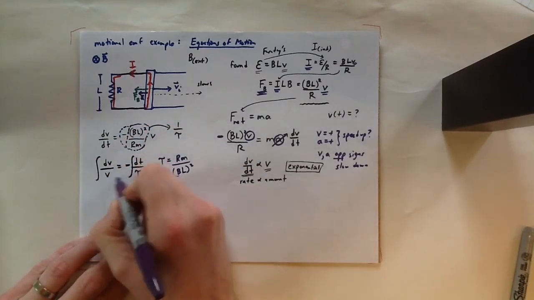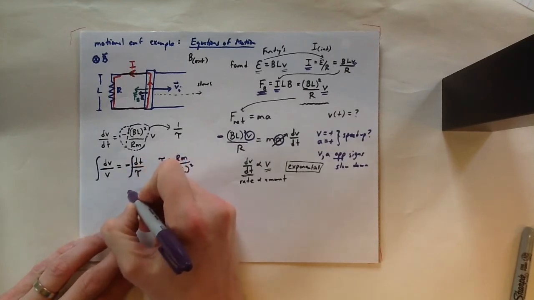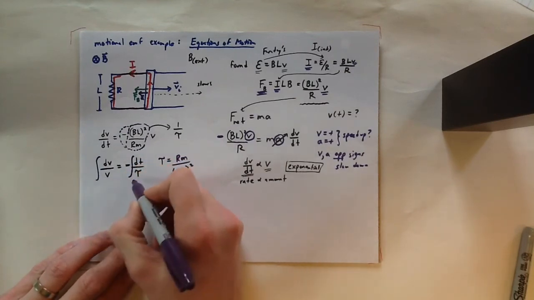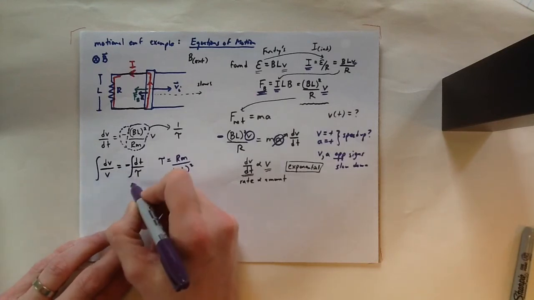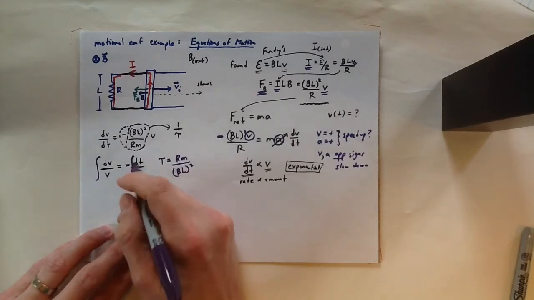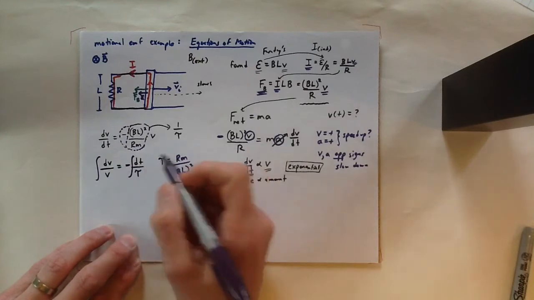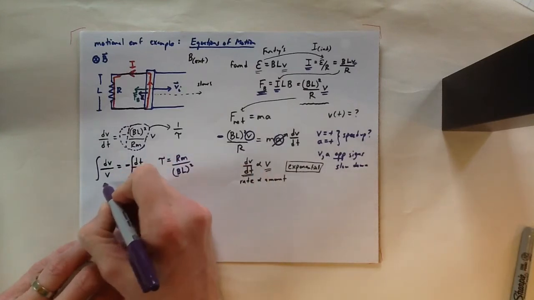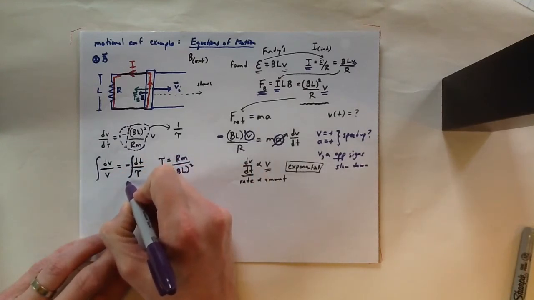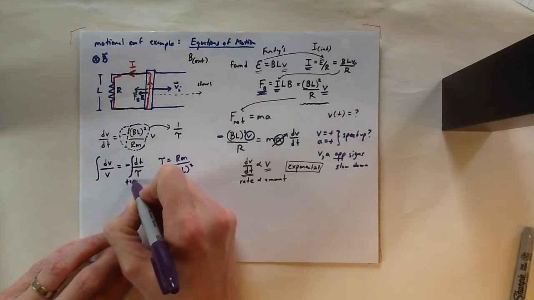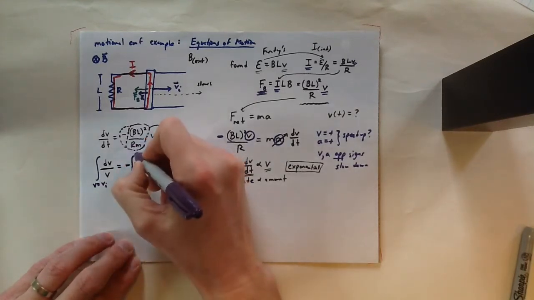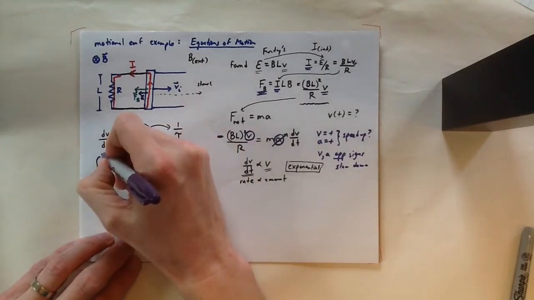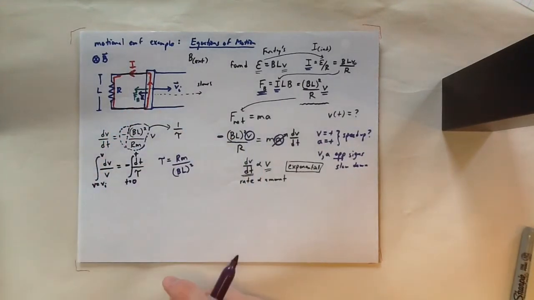And just so I don't have to deal with a plus c, I'm going to put my initial conditions into the integration bounds. If you want to avoid indefinite integrals, which have the plus c, you just put them into the integration bounds. So I'm going to start at t equals 0, where my velocity is v initial, and then I'm going to go out to some random time t, where I have some random velocity v.